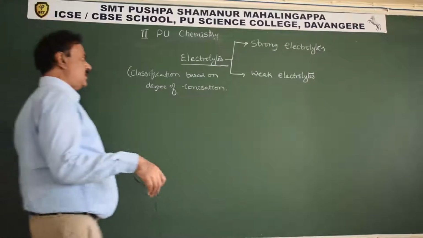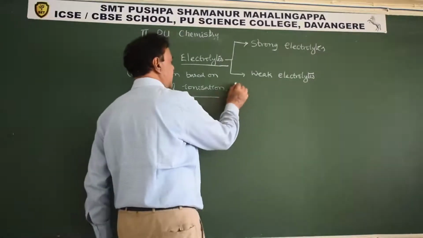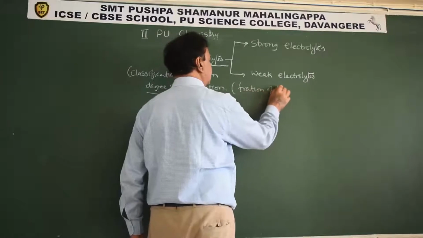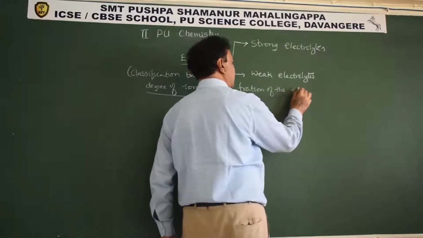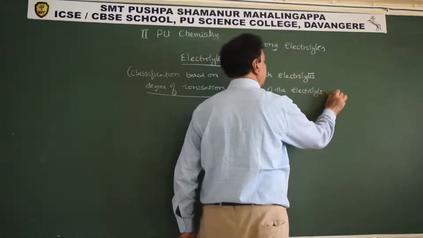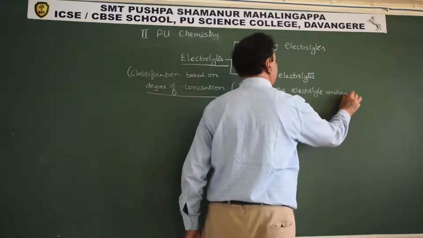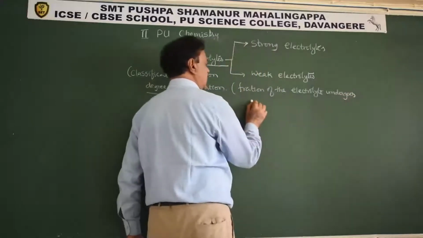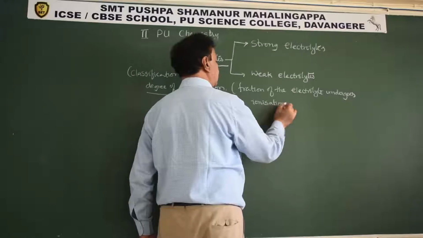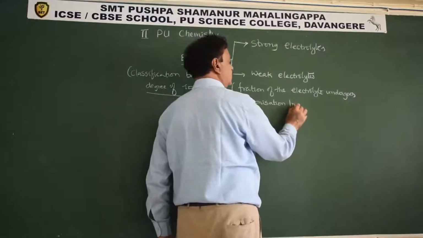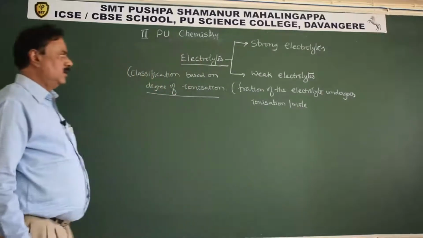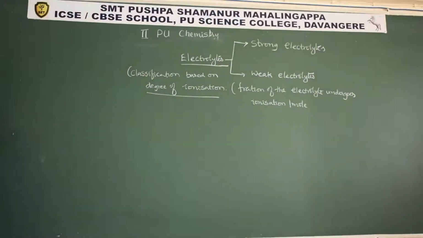What is the degree of ionization? The fraction of the electrolyte that undergoes ionization per mole is called the degree of ionization.